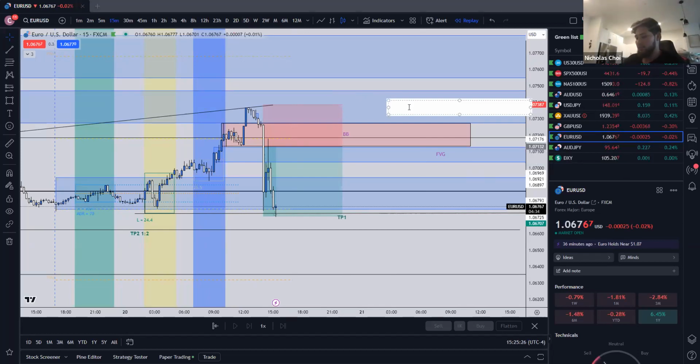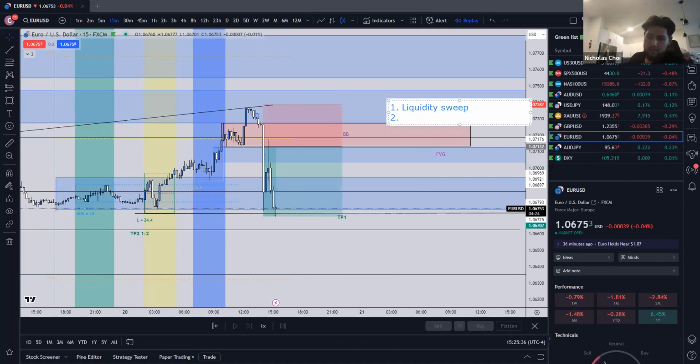So we're gonna do liquidity sweep. There's no order of priority. The way I look at it is when I see the liquidity sweep, then I look for everything else. So that's why there's a number to it. But without one, the whole thing crumbles, so you need all of these.